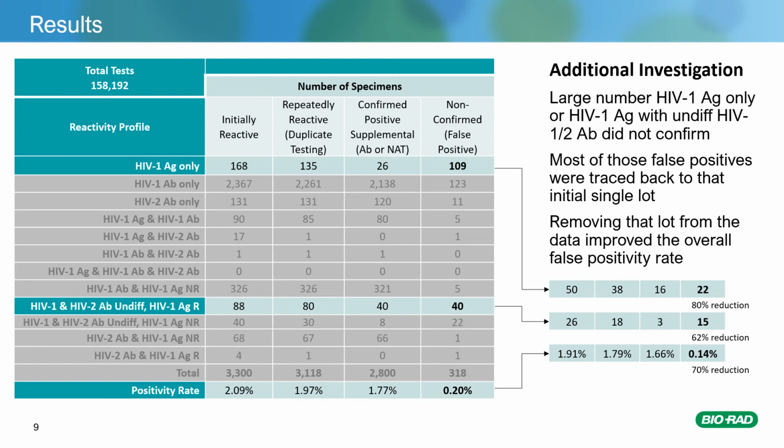Our investigation discovered that most of those false positives were traced back to that lot with the higher background. If one were to exclude that lot from the analysis, it significantly reduces the number of false positives by 70%, bringing the false positivity rate to 0.14%.